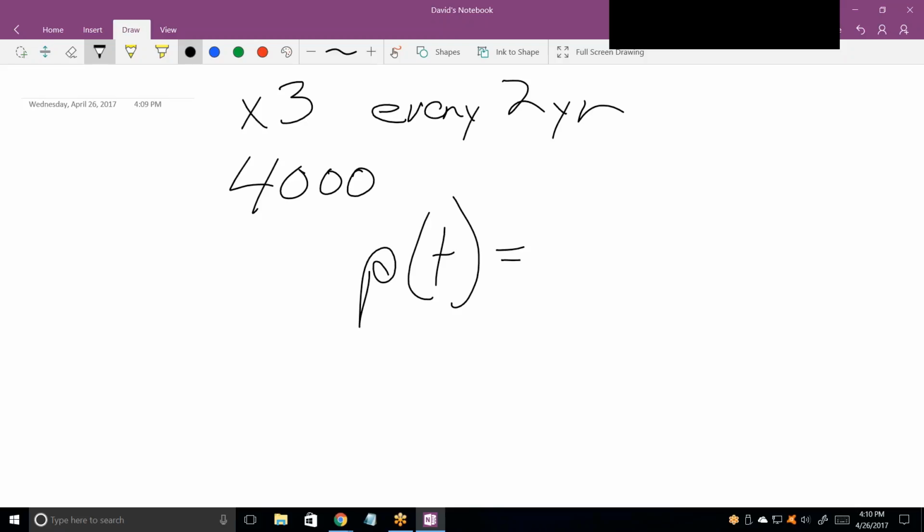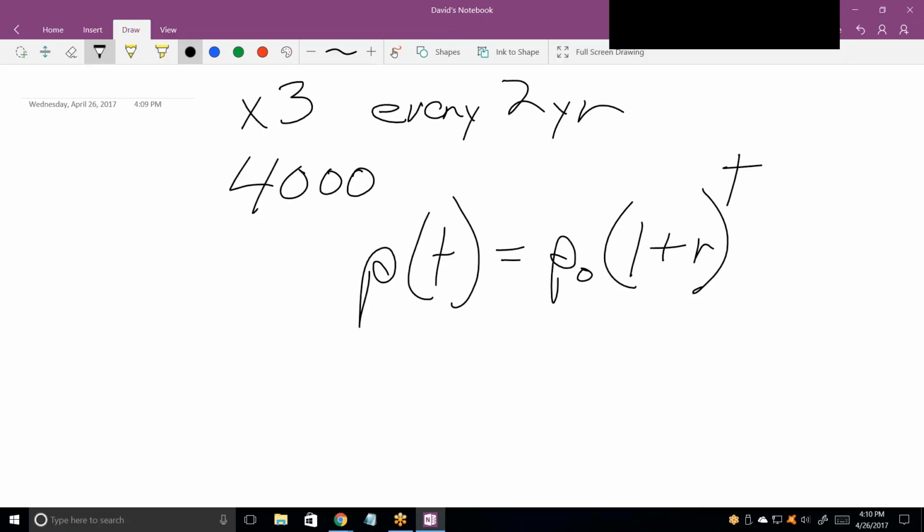So the population is tripling every 2 years, and it starts at 4,000. So we're going to use the form of the equation, the initial population times 1 plus the rate of increase to that power, where t is usually in years.